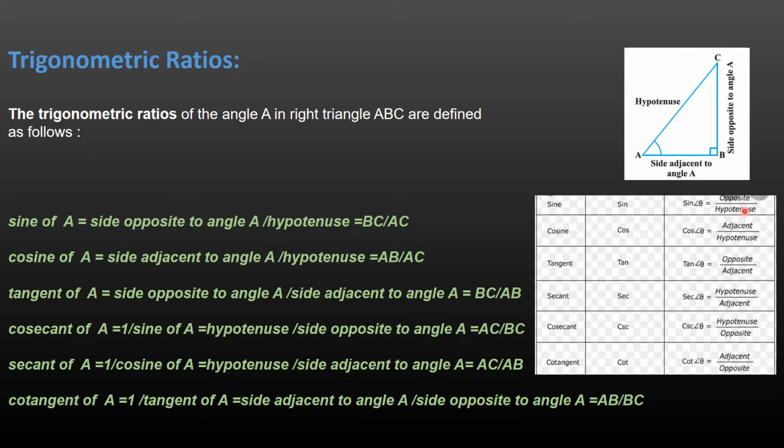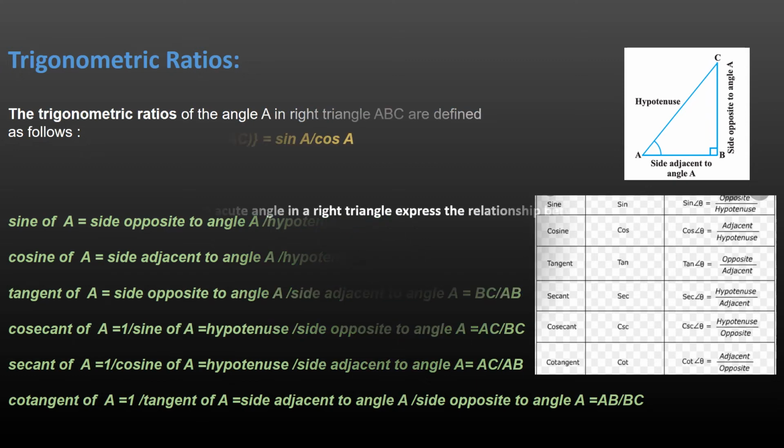So as I said, you get to know the terms, try to read them multiple times, and then write them down, and then try to memorize these things, which will be very important. And if you get all the six ratios, then it will be easy for you to understand the lecture further also.